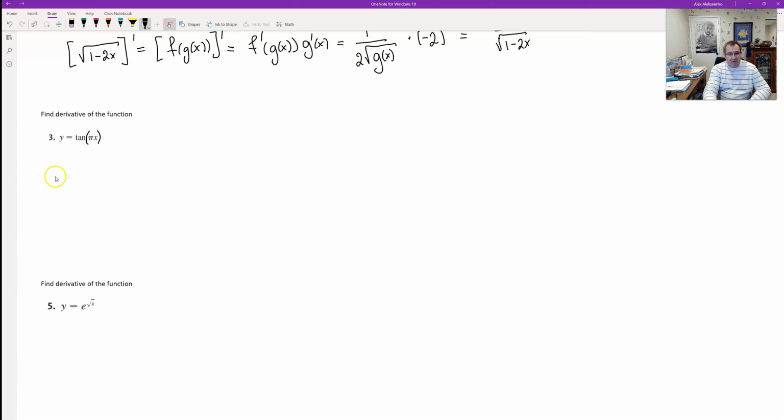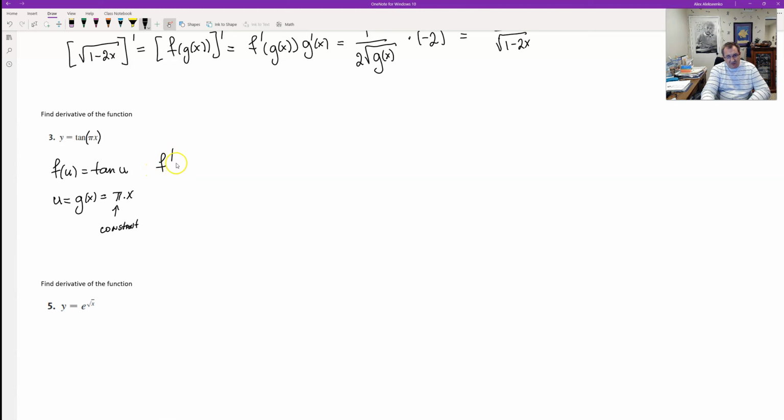The function f would be tangent u, and function g of x would be pi times x. In this case, pi is a constant. It looks fancy, but you just think of it as a number multiplied by x. So, very good.